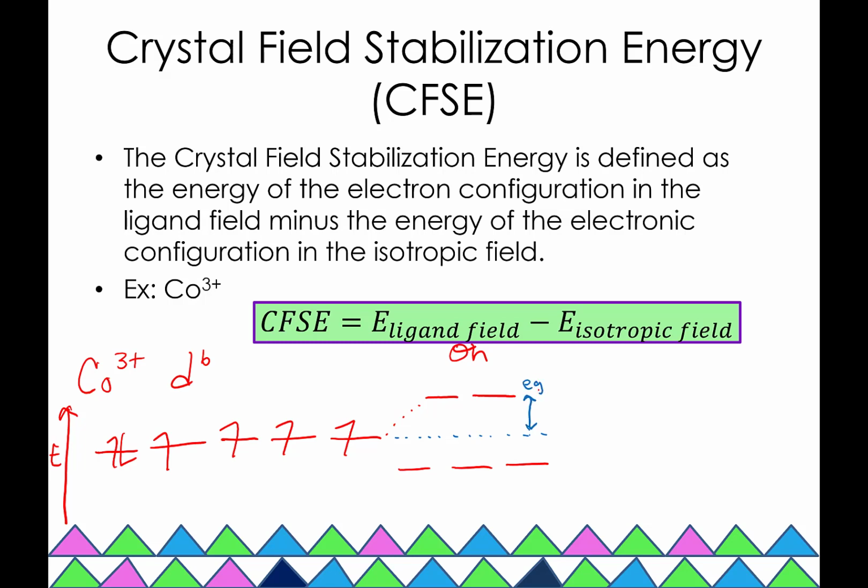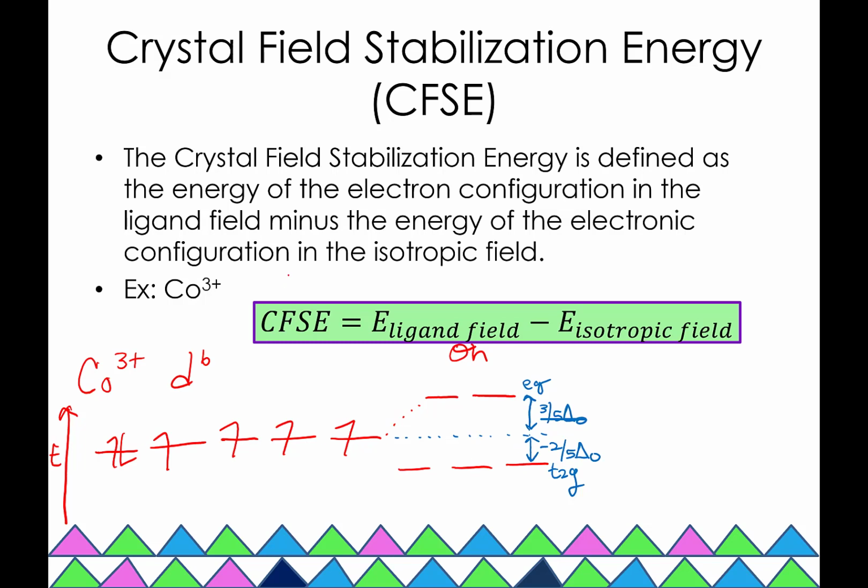Our eg orbitals are raised 3/5 delta octahedral, and our t2g orbitals are lowered -2/5 delta octahedral. So you could see if you multiplied 2 by 3 and 3 by 2 and summed all of the energies of all the orbitals together, they would equal 0, which is our barycenter.